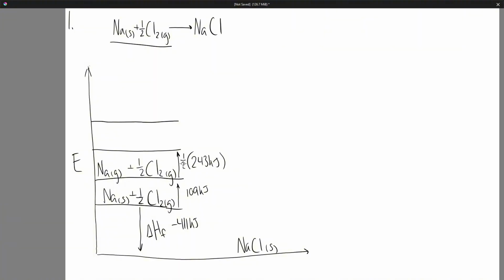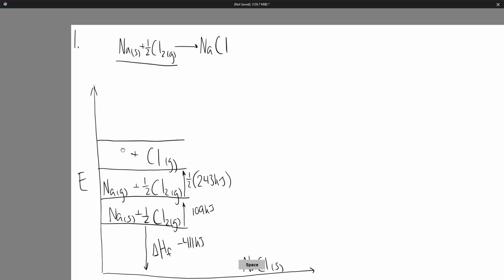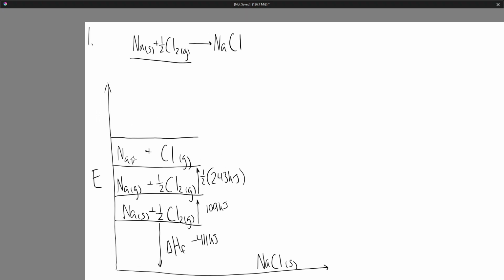What that does is get rid of the coefficient right here and brings this apart. What I like to think of is you multiply the coefficient by 2 and just get rid of the subscript. So 1/2 times 2 is just 1, and the subscript disappears, so it's just Cl. And you bring up the sodium, which is still a gas.